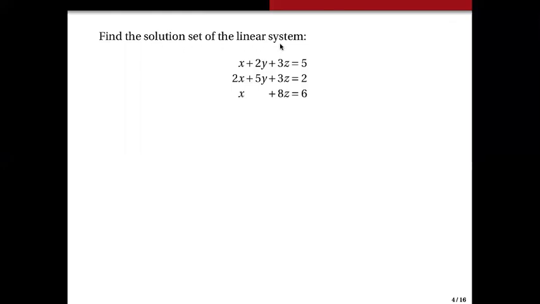Find the solution set of the linear system. So the linear system, it's x plus 2y plus 3z equals 5, 2x plus 5y plus 3z equals 2, x plus 8z equals 8. So we can do this using your Gauss-Jordan method, okay? Or we can do this by checking whether the matrix of coefficients is invertible.